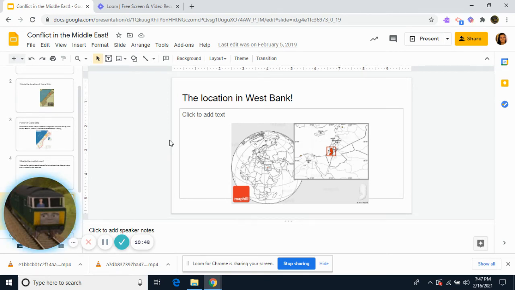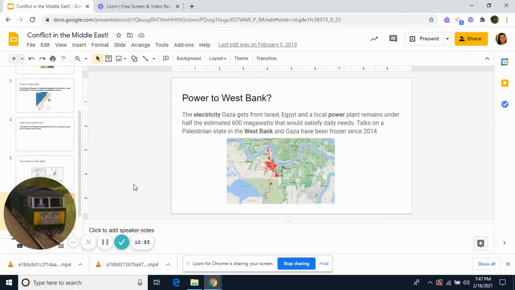The location of the West Bank is right about there. However, the electricity Gaza gets from Israel, Egypt, and the local power plant remains under half of the estimated 600 megawatts that would satisfy daily needs.